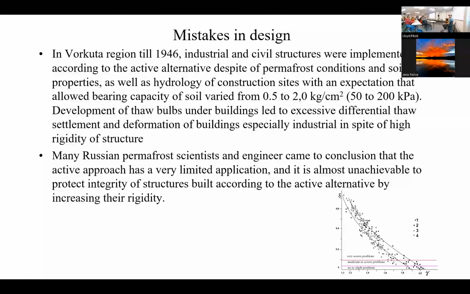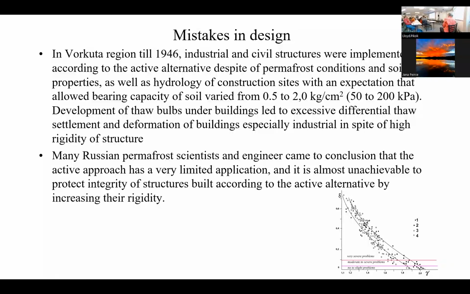It's not wrong, but engineers, he was, if not God, then at least the Moses of Russian permafrost at the time. Engineers decided, okay, if permafrost is degrading, let's resist permafrost degradation. And they tried to build very strong structures to resist it.